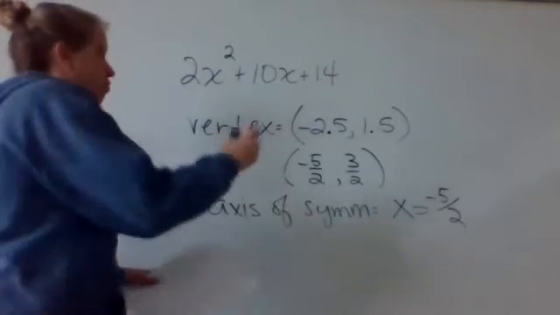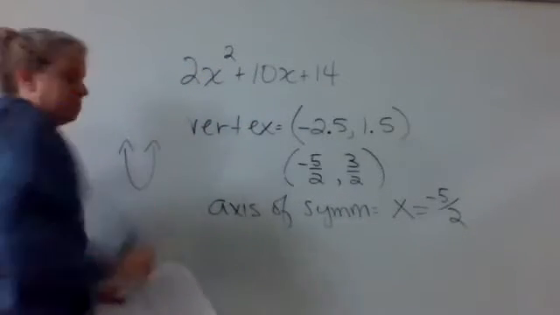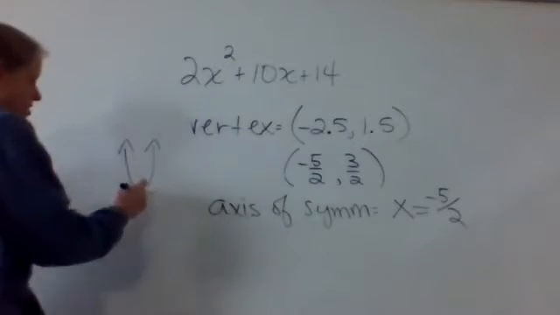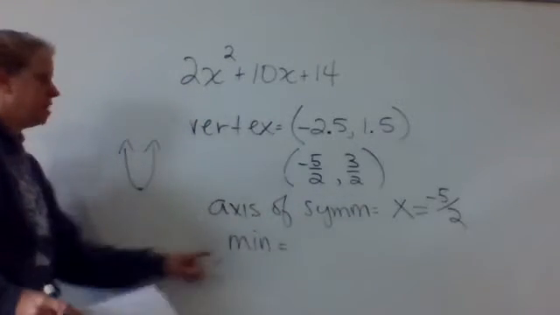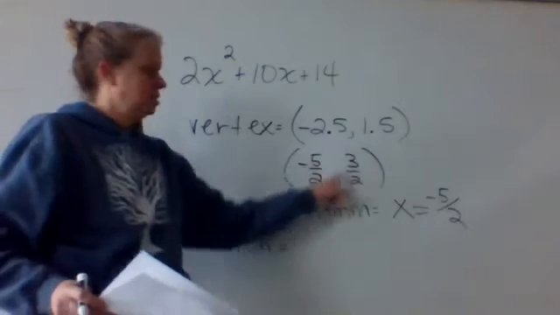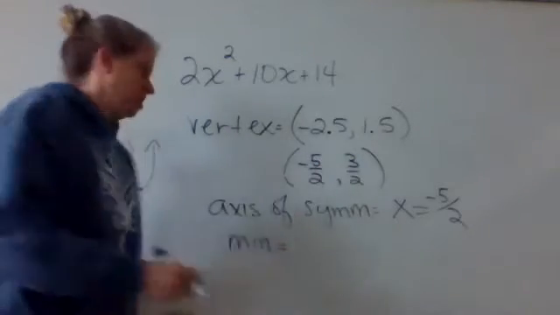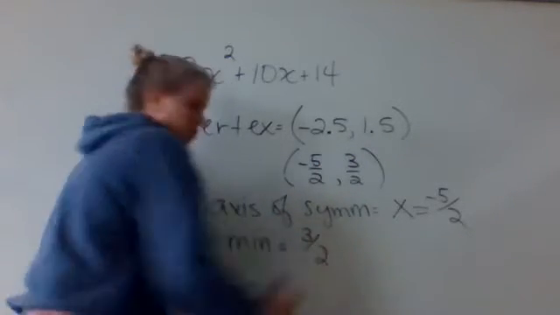So remember, this parabola is right side up. It's not upside down, which automatically means that it has a minimum value. And the minimum value is whatever that y number is, which will be 3/2.